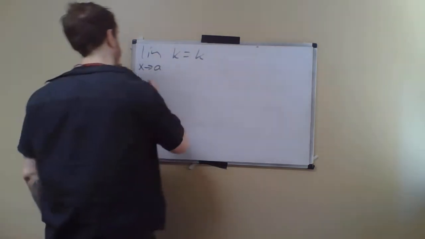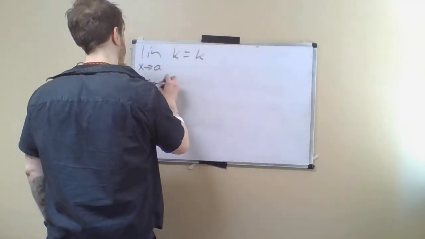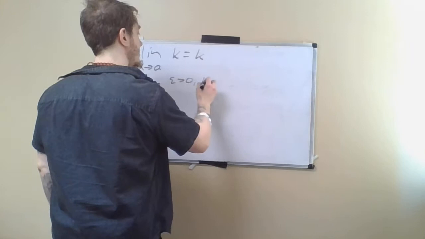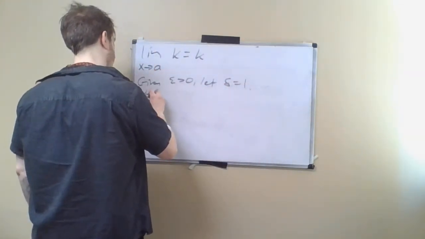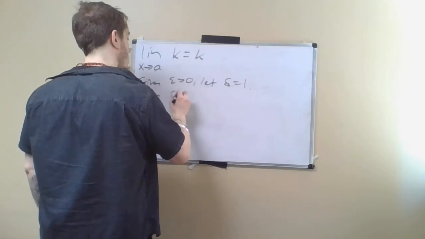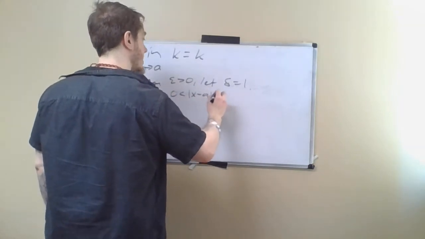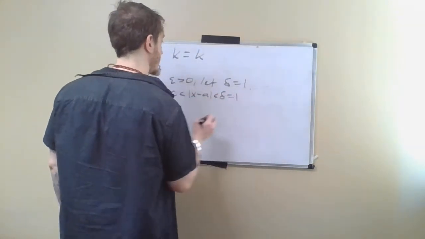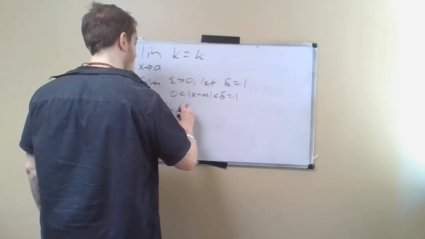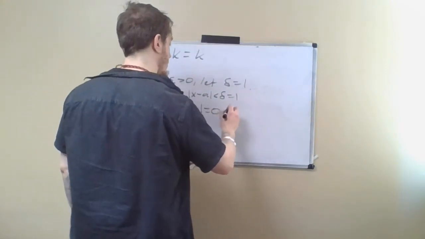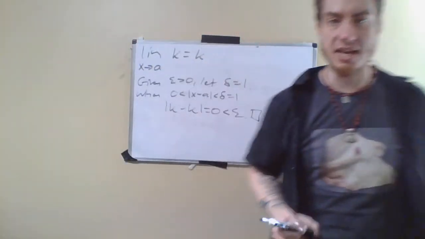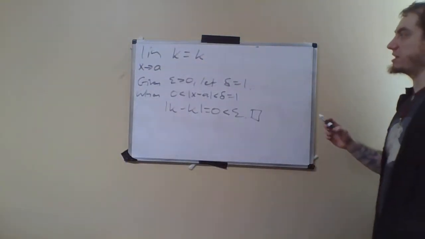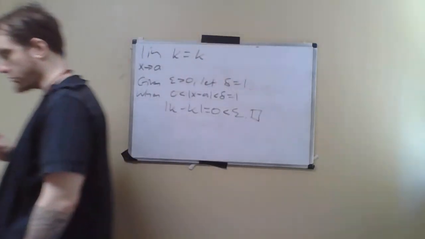Well, the point is, given epsilon bigger than 0, let delta be equal to 1. When 0 is less than the absolute value of x minus a is less than delta, which is equal to 1, the absolute value of k minus k is equal to 0, which is less than epsilon. And so in this case, it's actually very straightforward by the definition to see that this has to be true.